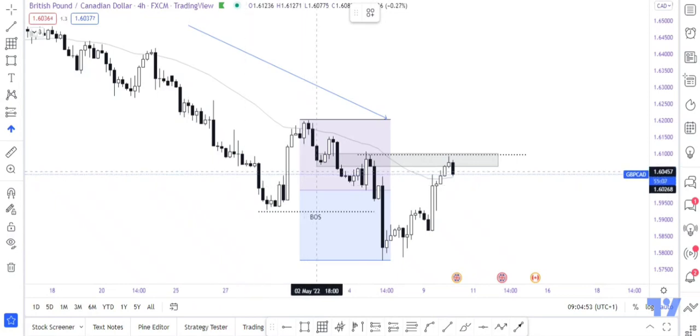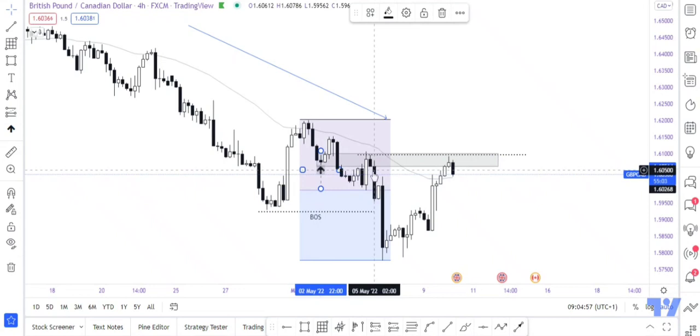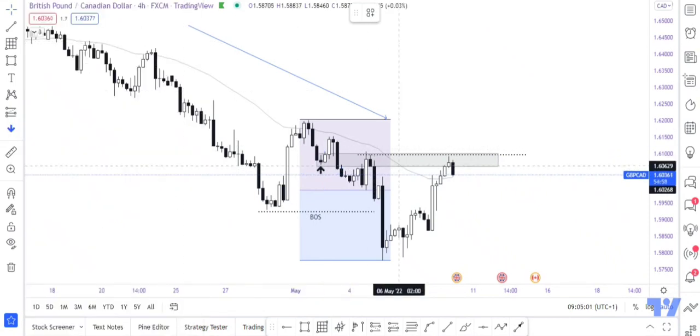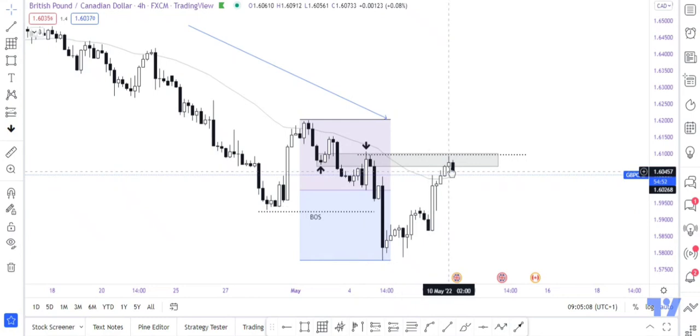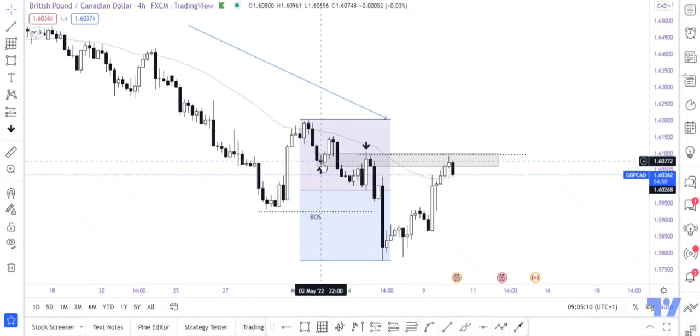We had a support being formed, and then price broke below support, came back, and that level acted as the level of resistance in the market. So we had price trading back into a premium level, and also into a level of interest where we had the support and resistance.